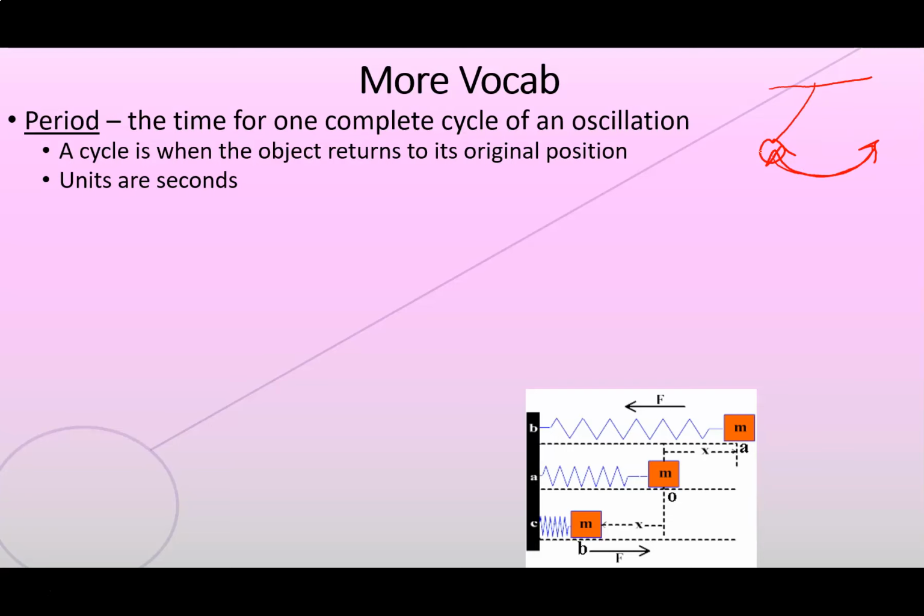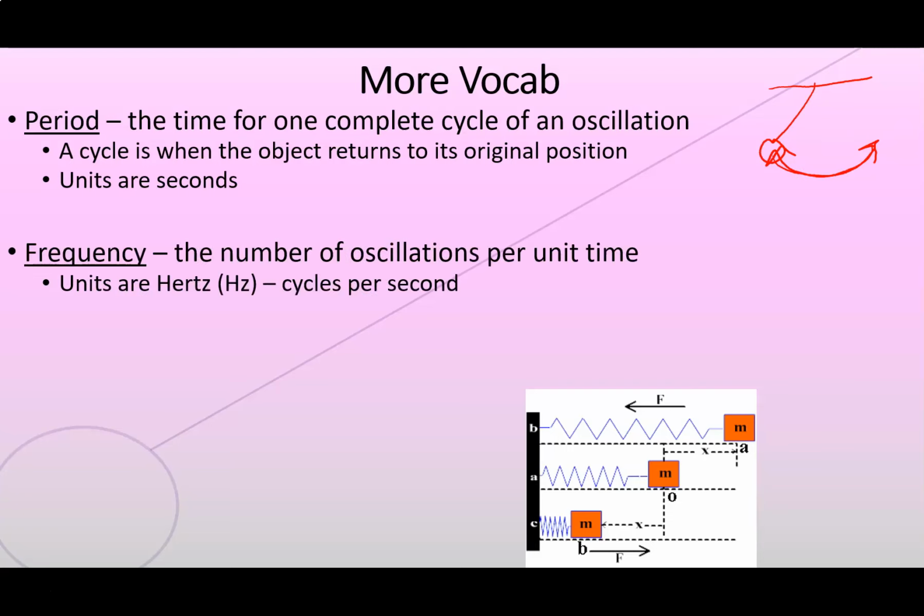And the units are in seconds. Frequency is known as the number of oscillations per unit time. The units are hertz, and a hertz literally means how many cycles per second.